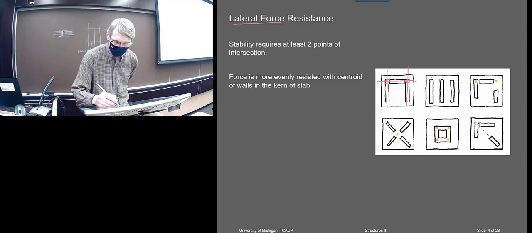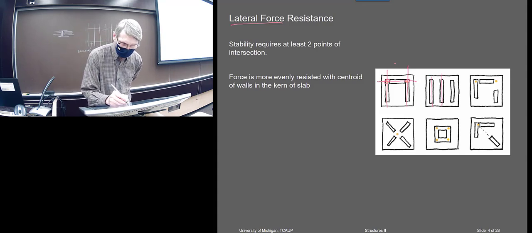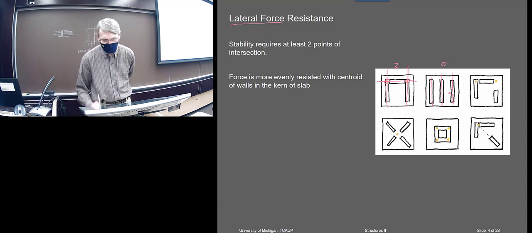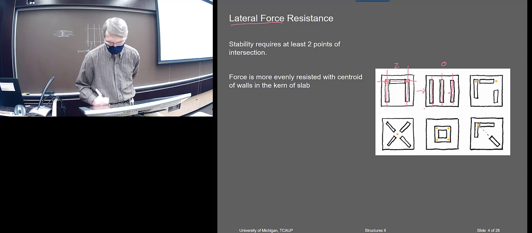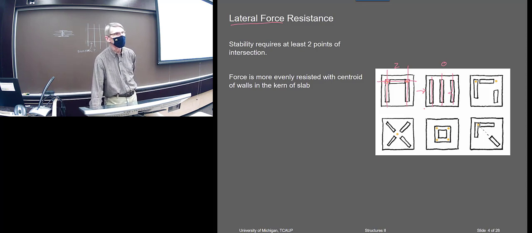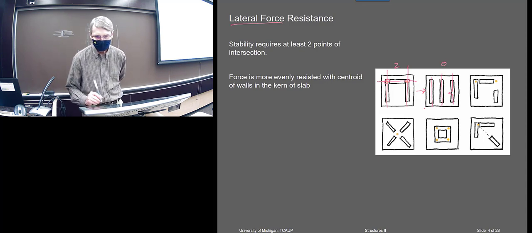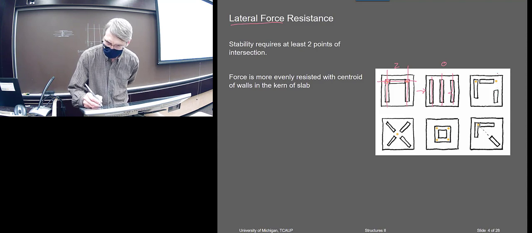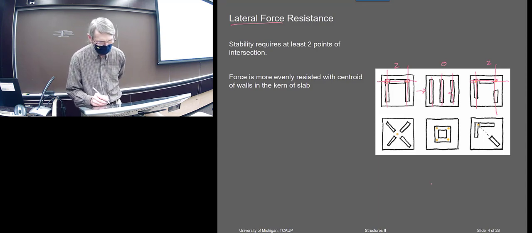Here you've got no points, so this would be 2. Here you've got 0 points. Obviously, if I push on it in this direction, it all just collapses. There is no shear resistance in that direction. Here they don't connect, but in terms of planes, I do have 2 points, so this one would potentially work.